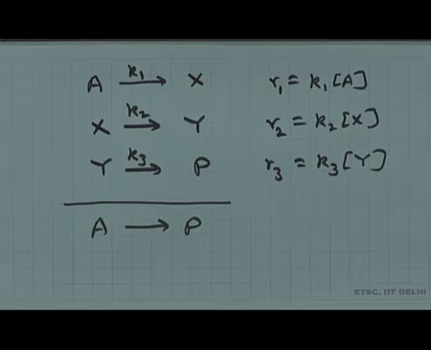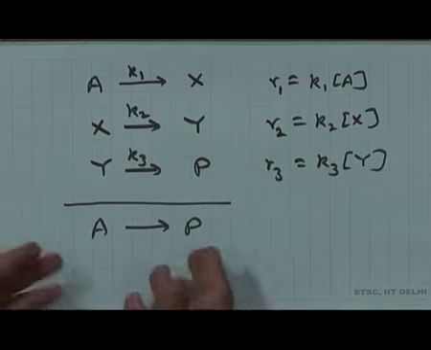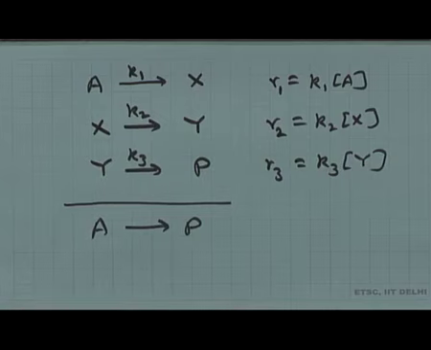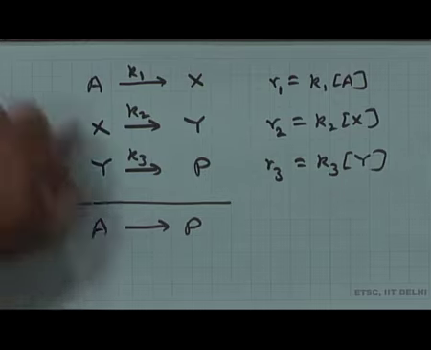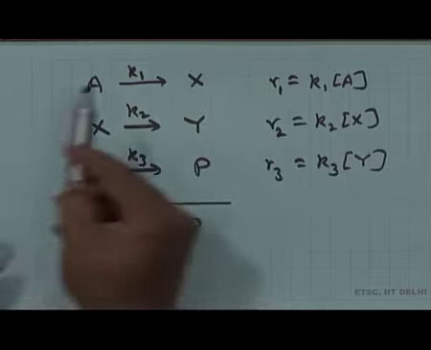Even before that you realize that X and Y are intermediates because they finally do not appear in the balanced equation.